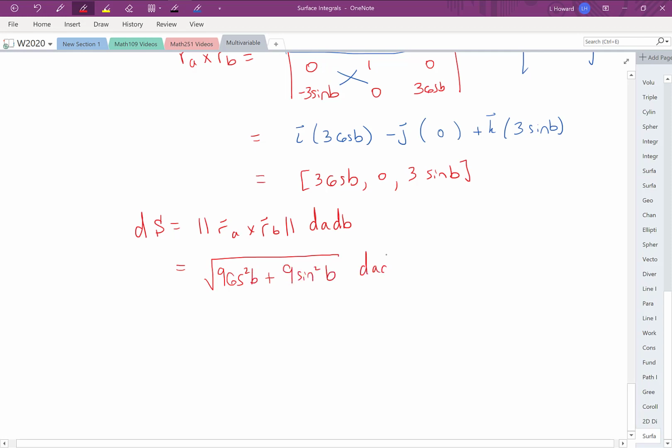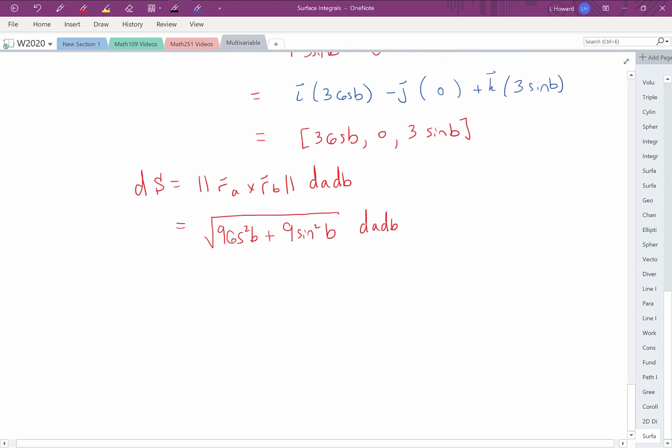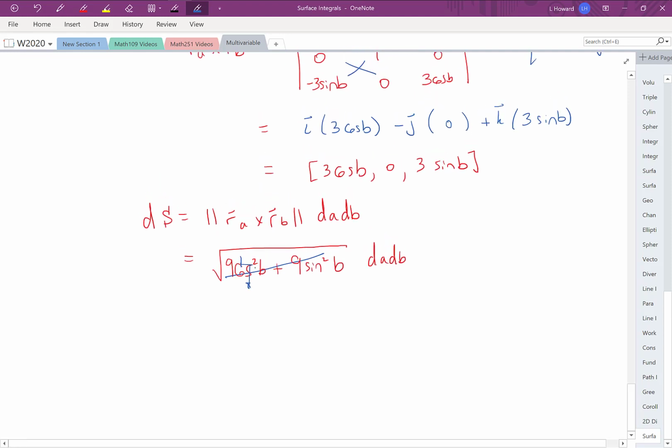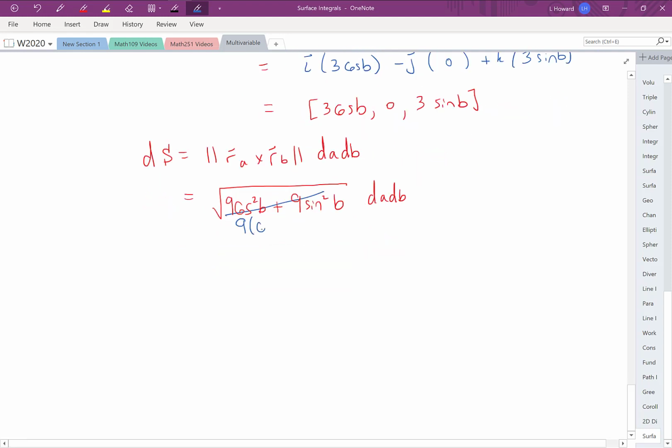That's still times dA dB. And under that root, we could just factor out that 9. So under the root, we've got 9 times cos squared b plus sine squared b. That part there is just going to give us 1. So this is like root 9, in other words, 3 times dA dB. Great, so we've got dS now written in the language of a and b.